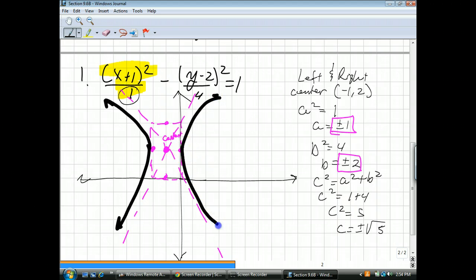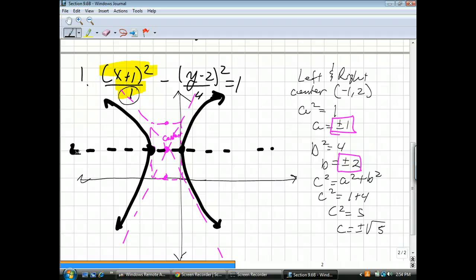So the actual hyperbola are just these, the dark branches here with the vertex tangent to the box at those points. Then we got to find our foci. So our foci are somewhere along this line, and so that's an x direction.